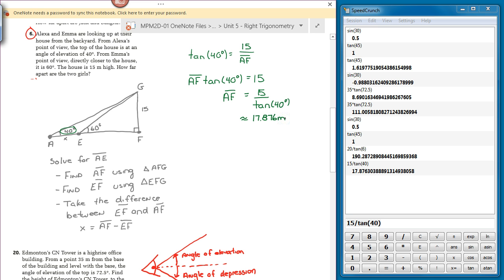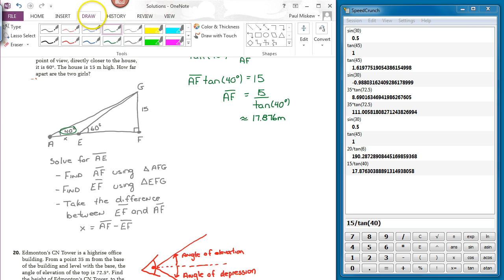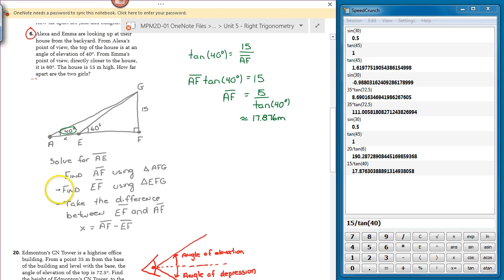So now the next step, let's do this step in blue. We're going to find EF using triangle EFG. So again, we see that relative to 60 degrees, 15 is the opposite and EF is the adjacent. So tan of 60 degrees is equal to the opposite, which is 15 divided by EF. We're going to go through that same algebraic process.